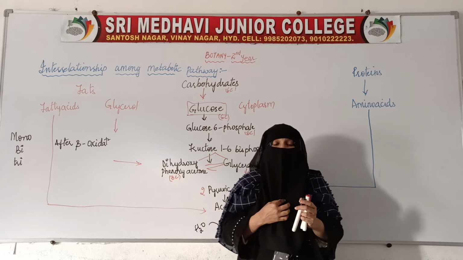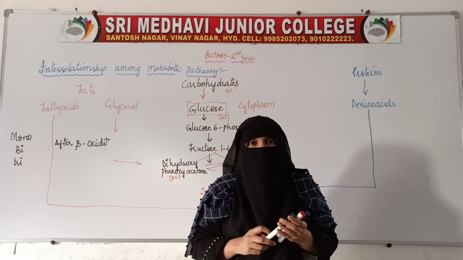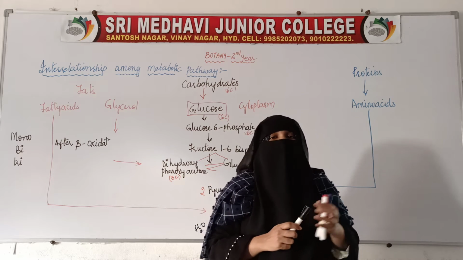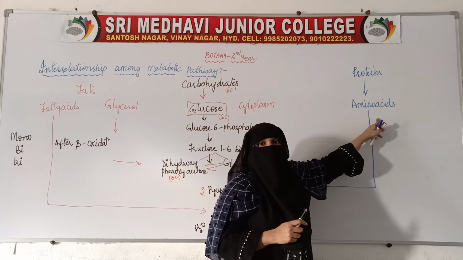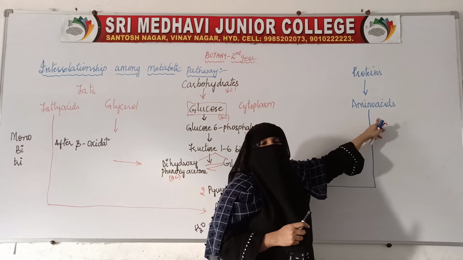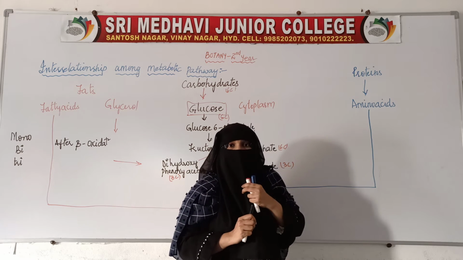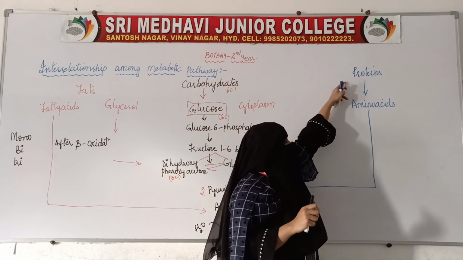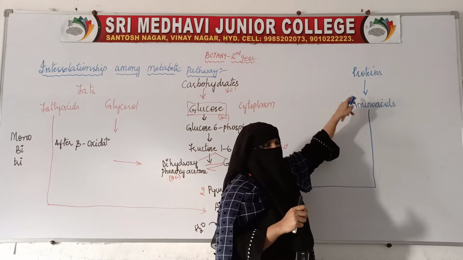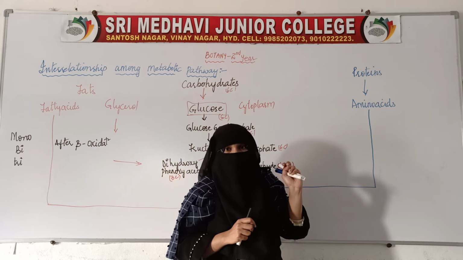When we take proteins as food, they are digested in our body and changed into amino acids. The simplest form of protein is amino acid, like the simplest form of carbohydrate is glucose. So proteins are broken down into amino acids.